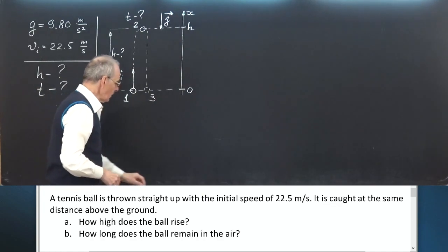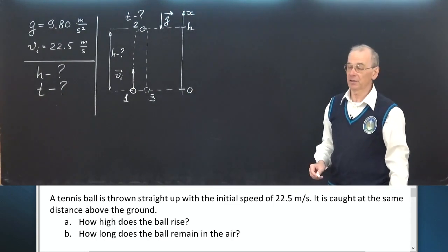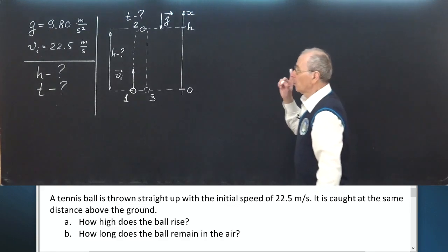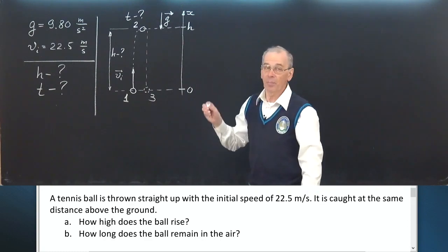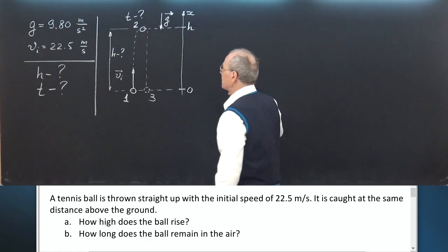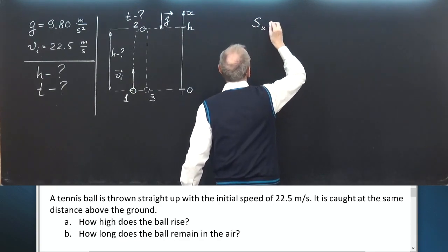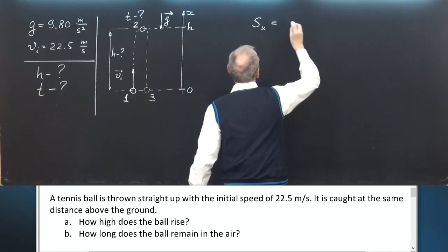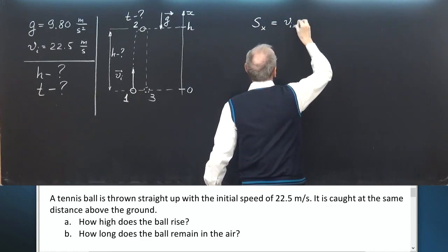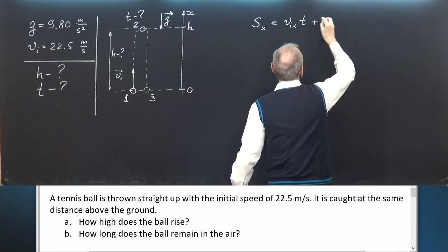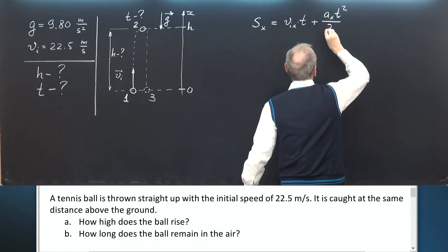So, since this movement is uniformly accelerated movement, we can write 2 formulas for the component of displacement of the ball. The first, Sx equals v initial x t plus ax t squared over 2.